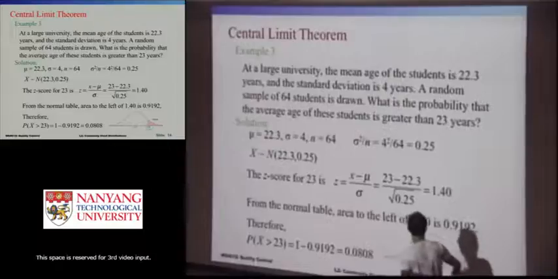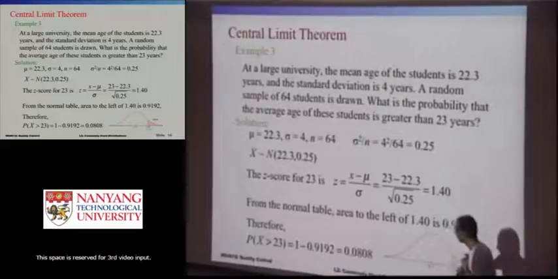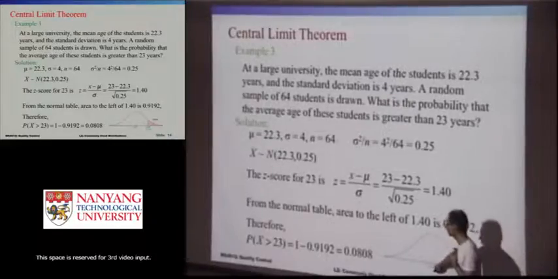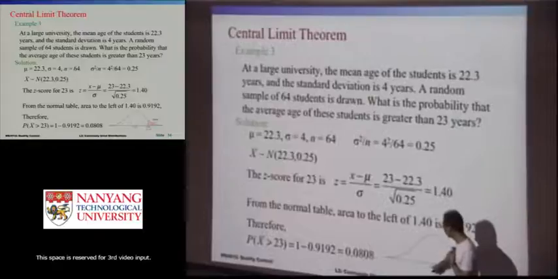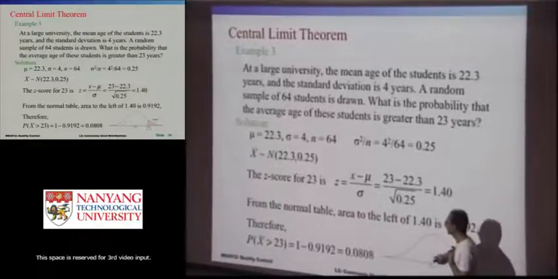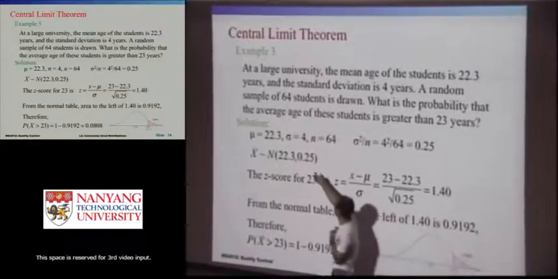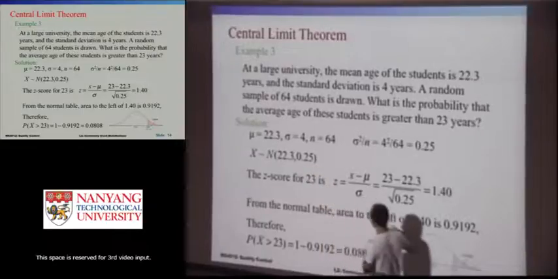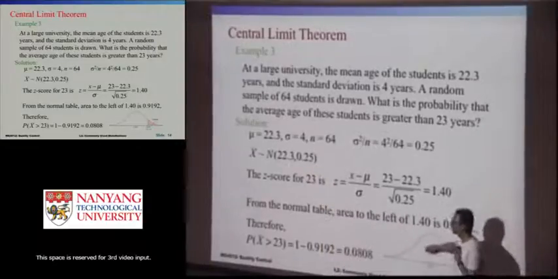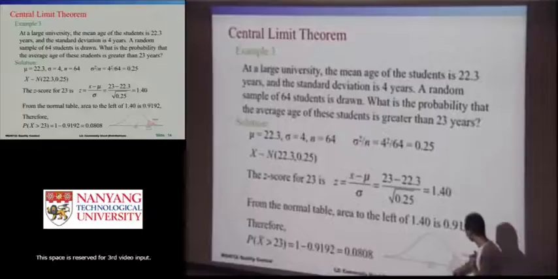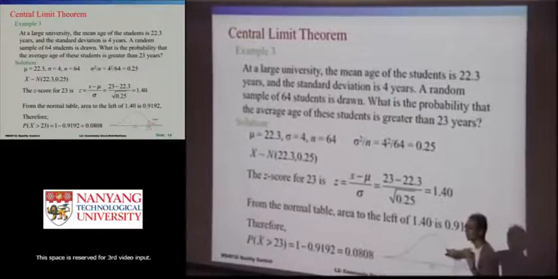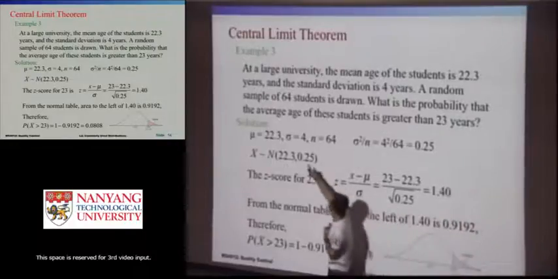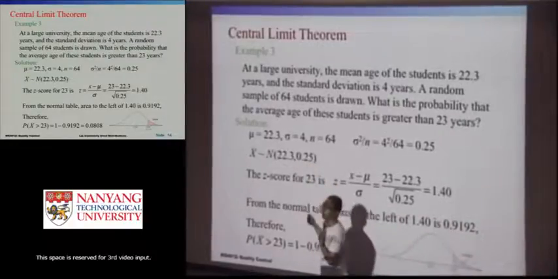And they ask larger than 23. So this is a normal distribution with average 22.3 and variance 0.25. They ask the probability in this distribution of being larger than 23. In this distribution, the variance is 0.25, not 16.